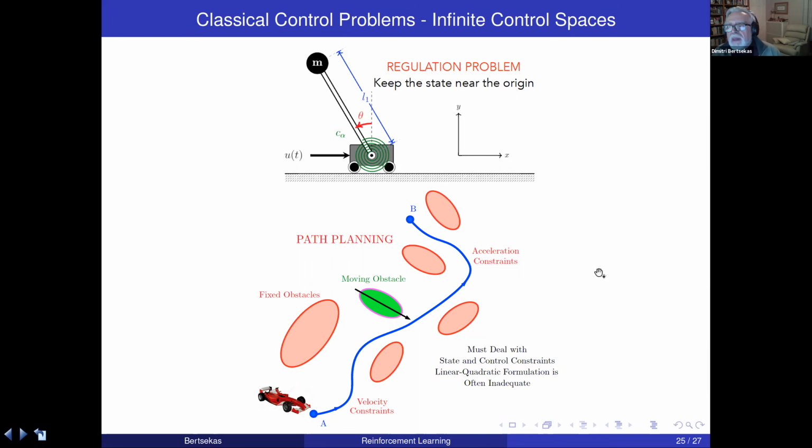Two of the most prominent types of control problems are these: the regulation problem and the path planning, trajectory following type of problem. You may have seen this particular example.